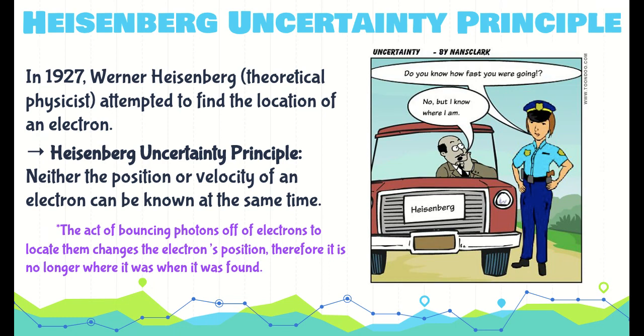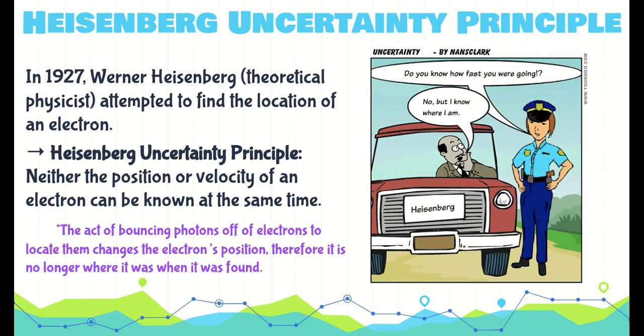So if you think about them as particles, you're basically shooting these tiny particles at an electron, which is very, very, very small. And so these photons of light were bouncing off these electrons, basically. So by the time that image got back and you were able to interpret it, the electron was no longer where it was when you hit it with the photon of light, because you bounced it off into another direction.